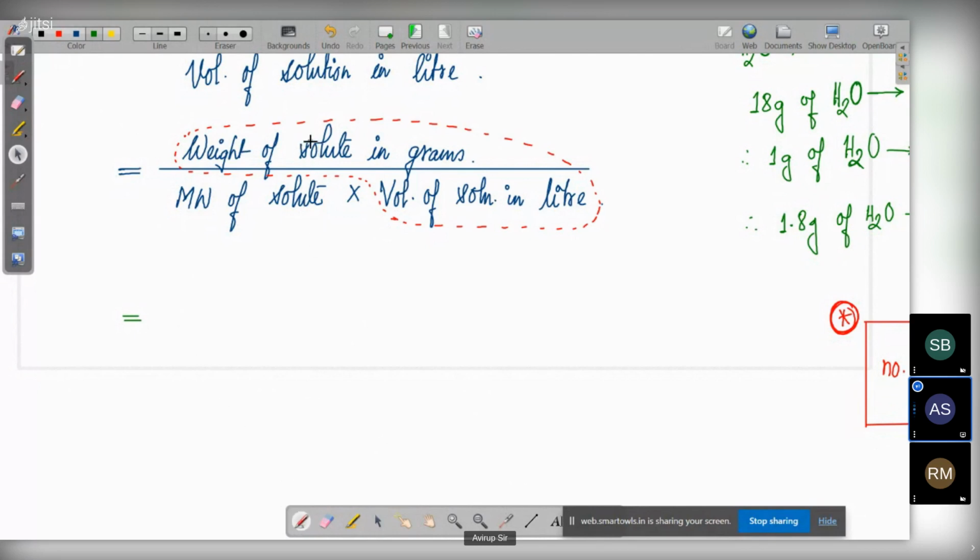So instead of writing weight of solute by volume of solution, we can modify it to another formula, that is strength of solution in gram per liter.